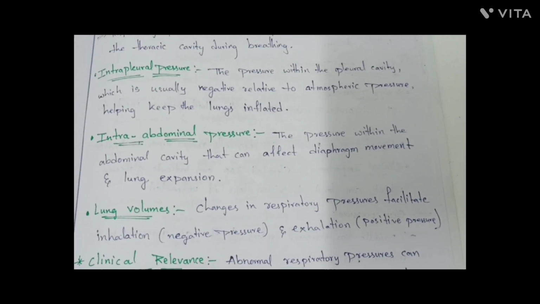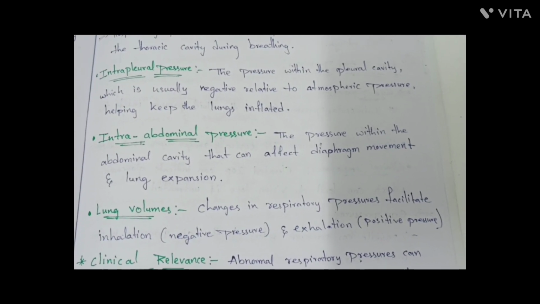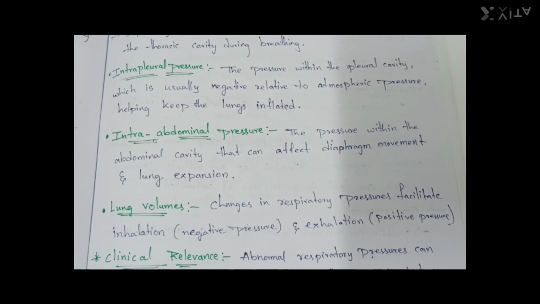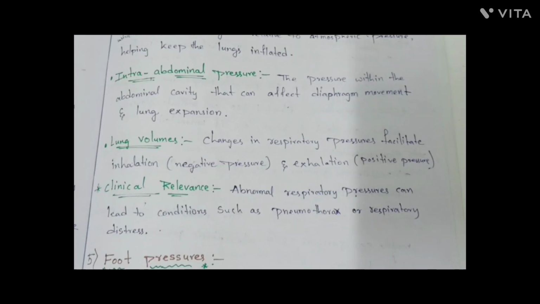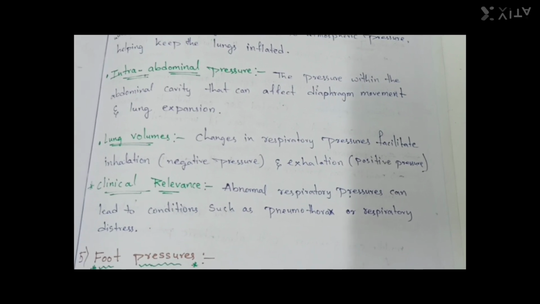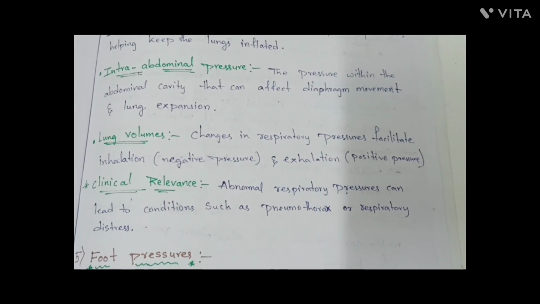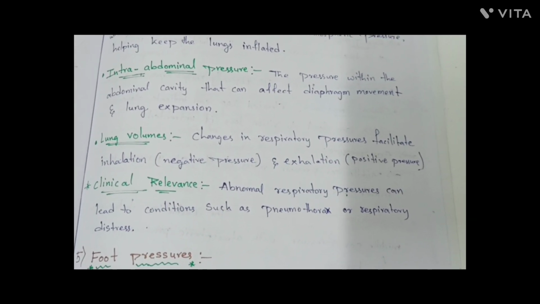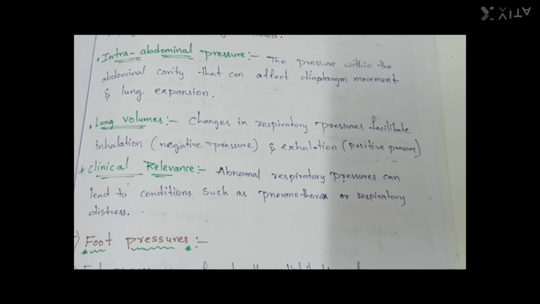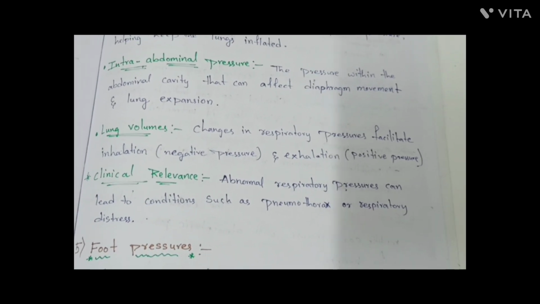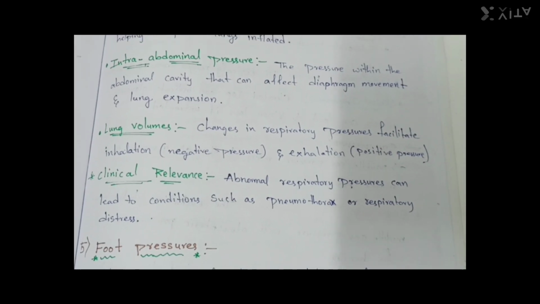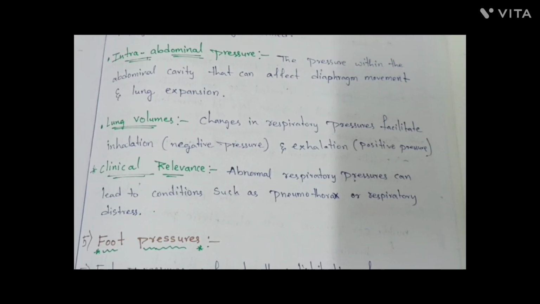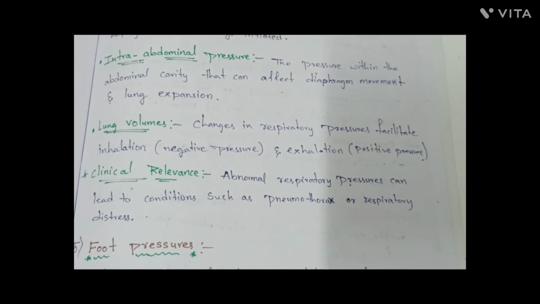Intra-abdominal pressure, the pressure within the abdominal cavity, can affect diaphragm movement and lung expansion. Lung volumes. Changes in respiratory pressures facilitate inhalation and exhalation. Clinical relevance. Abnormal respiratory pressures can lead to conditions such as pneumothorax or respiratory distress.